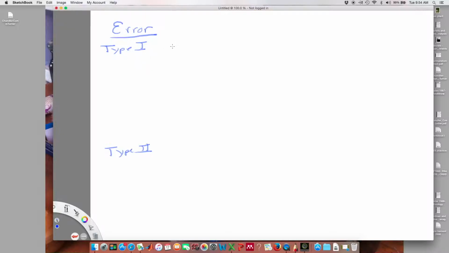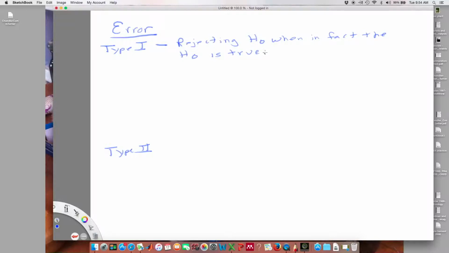So what is type 1 error? Well, the technical but a little hard to understand definition of type 1 error is rejecting the null hypothesis, and again, null hypothesis is H sub 0, when in fact the null hypothesis is true.